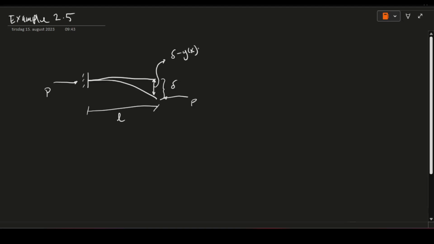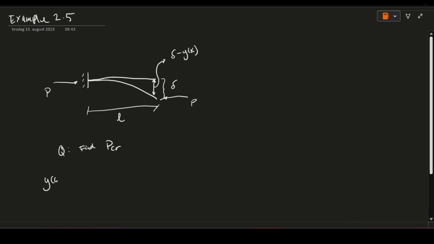So in this example, we want to find the critical load, find PCR. So we can first check the boundary conditions.